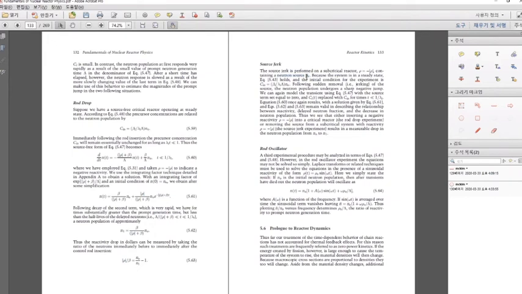Previously, we studied that there are two cases for having a time-independent solution for neutron population. The first one is a critical reactor with no external source, and the second one is a subcritical reactor with an external source. And this is the second case.